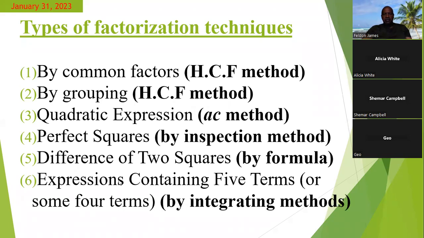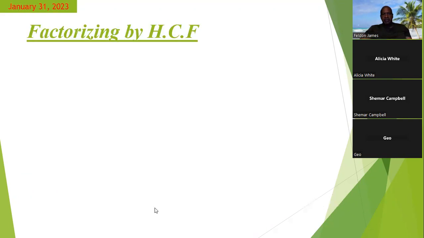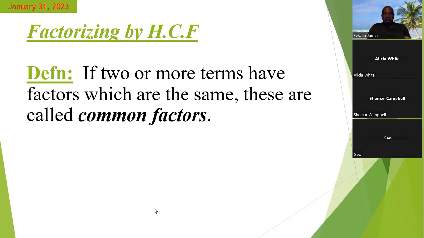For these, we will do an integration of various of the above methods already mentioned. All right, as I said, we started off looking at the HCF method, and the HCF method is simply to find the highest common factor of some terms in the expression.